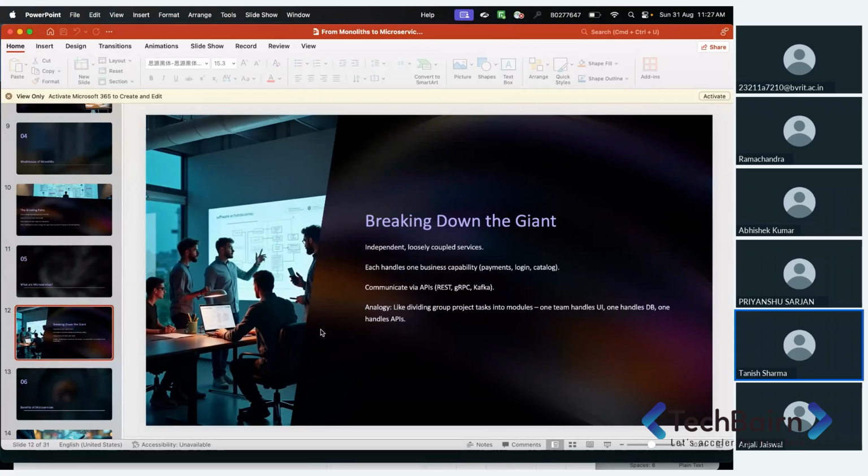For communication between the different microservices, we have different capabilities. That is the REST calls that we can make, or gRPC calls. gRPC stands for Google Remote Procedure Calls. They are faster in comparison to REST calls, right?